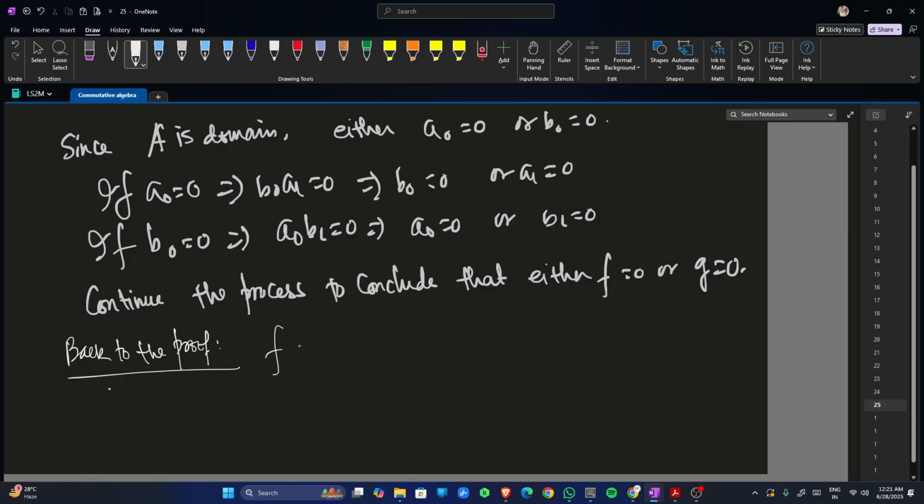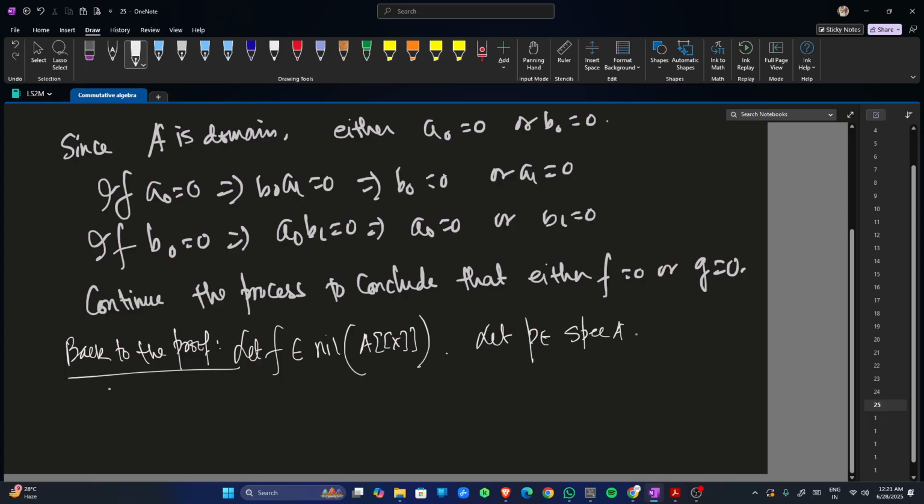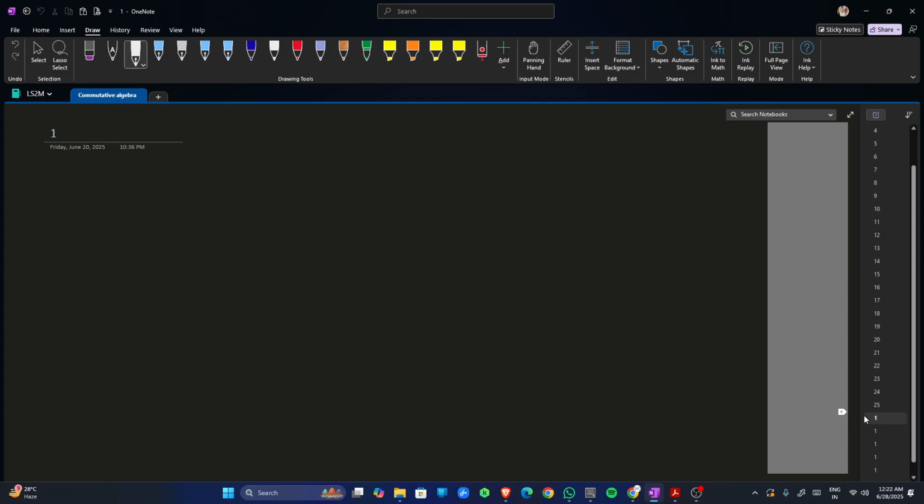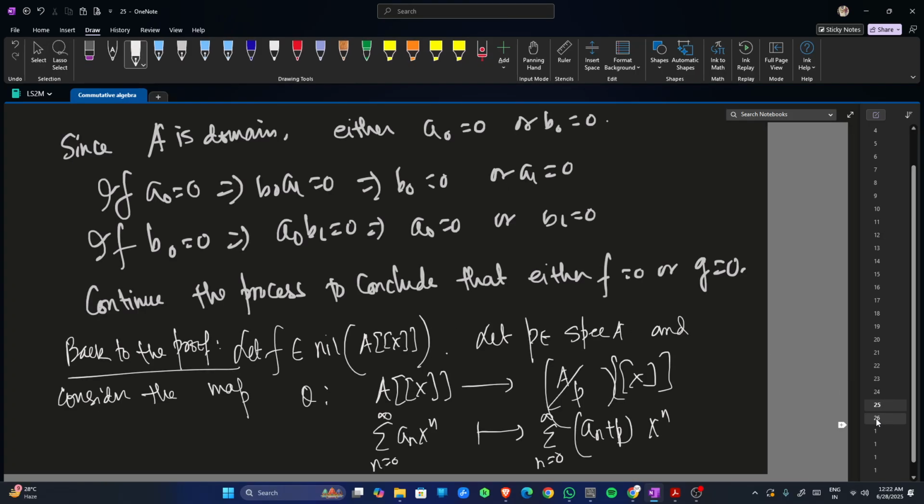So suppose F belongs to nil A[[X]]. Let P belong to Spec A, and consider the map theta from A[[X]] to (A/P)[[X]], summation a_n x^n, n equal to 0 to infinity, maps to summation (a_n + P) x^n.